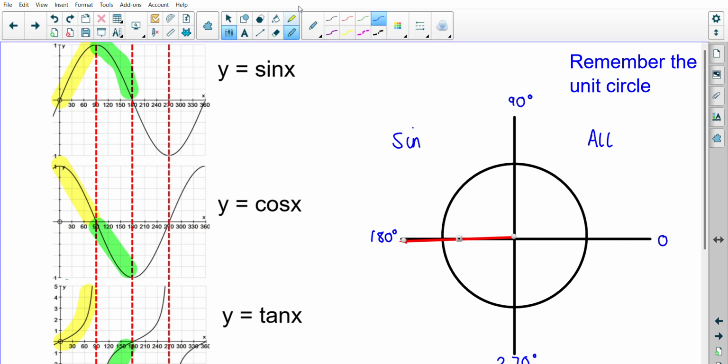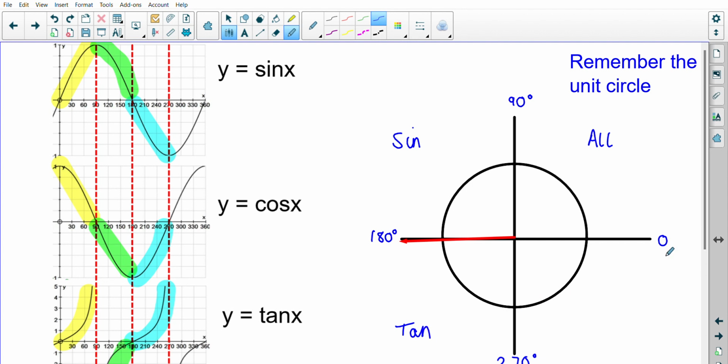So if we look at the graph in those parts then, between 180 and 270 for sine, it's negative. Between 180 and 270 for cos, it's negative. And for tan, between 180 and 270, it's positive. So the only graph which is positive between 180 and 270 is tan.